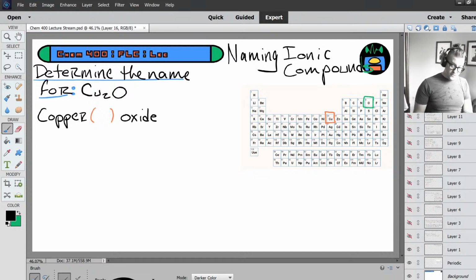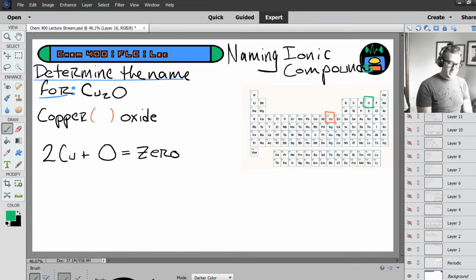Now, the way you figure that out is, well, I'm about to show you. We know that if you add up the charge of both copper atoms plus the charge on oxygen, these have to add to 0, because this is what it means to be net neutral.